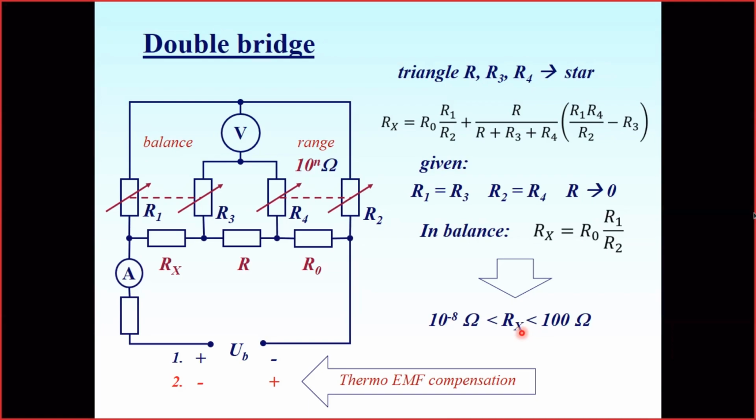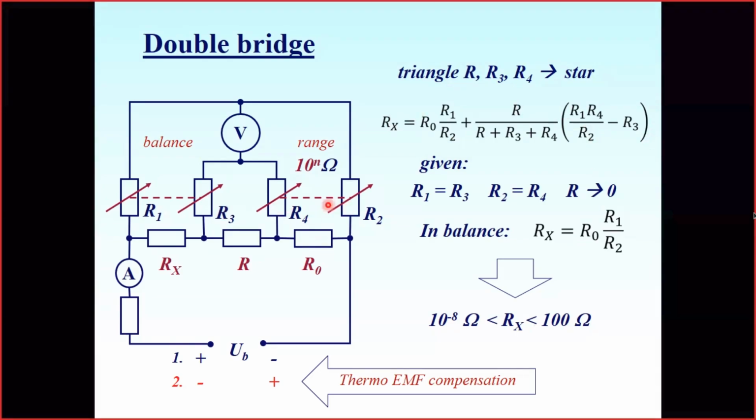The only requirement is the design of the bridge. If we calculate the balance condition for the bridge, when the voltage V here is equal to 0, we find this equation. The unknown resistance Rx is related to the known resistance R0 and all these R1, R3, R4, and R2 in such a way.